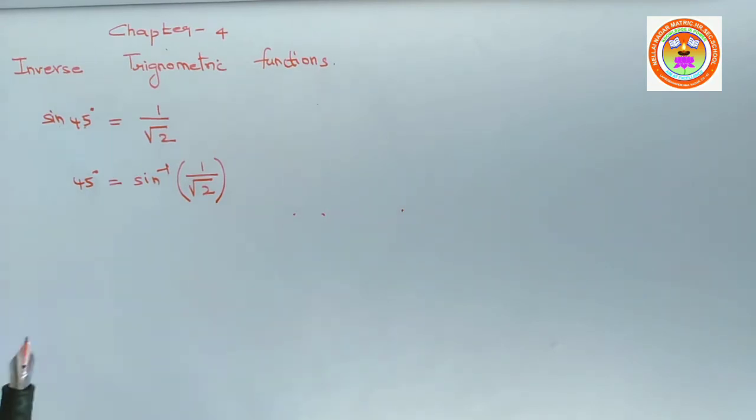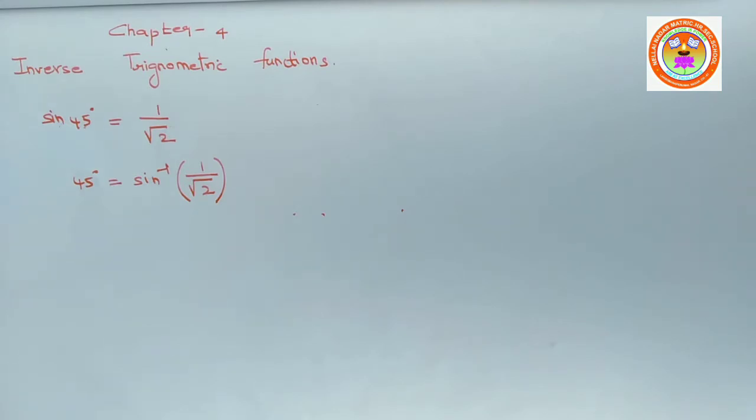I have told you earlier that this whole chapter will proceed only with the inverse. To proceed towards the inverse, first you need to know trigonometry. Without knowing trigonometry, we can't read this chapter properly. So please, students, go through some trigonometric values and functions.